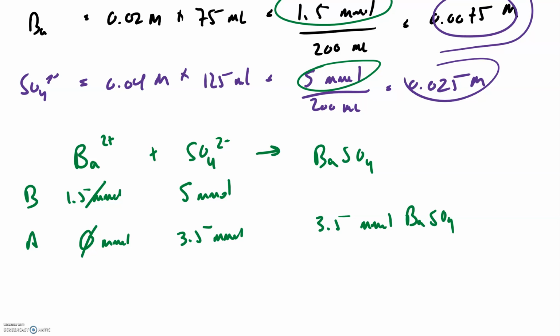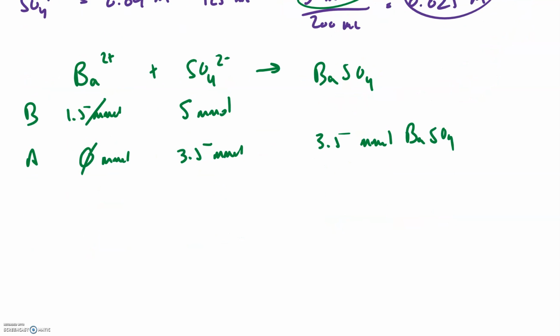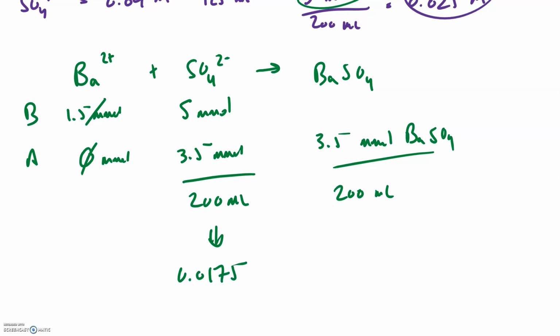So these are going to be our new initial concentrations. Let's plug these into our final volume. This is 200 milliliters, and this is 200 milliliters, and these will both be the same, 3.5 divided by 200, which is 0.0175 molar sulfate and 0.0175 molar barium sulfate.